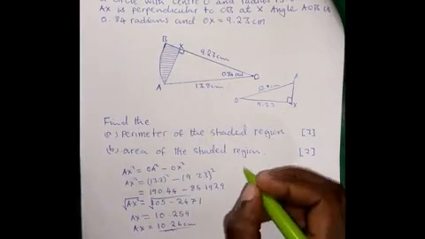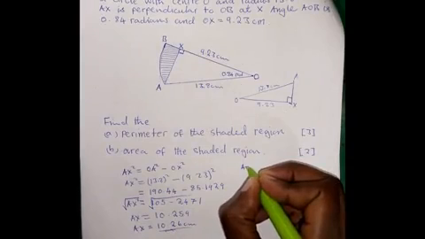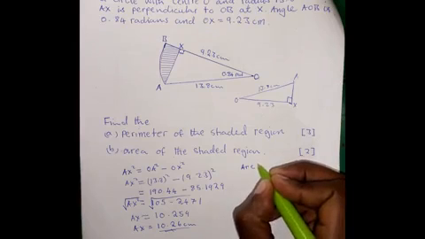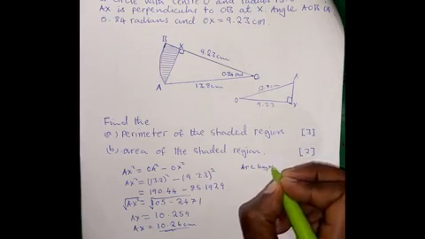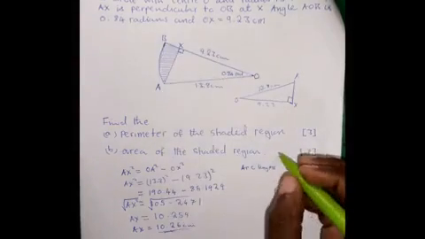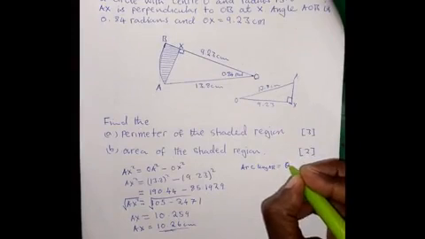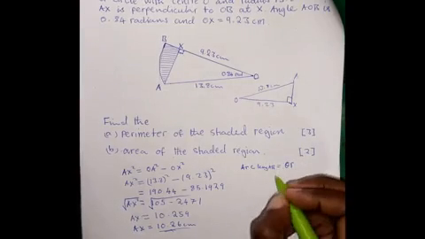The arc length of AB is equal to, the formula for arc length is r theta, where r is the radius and theta is the angle.